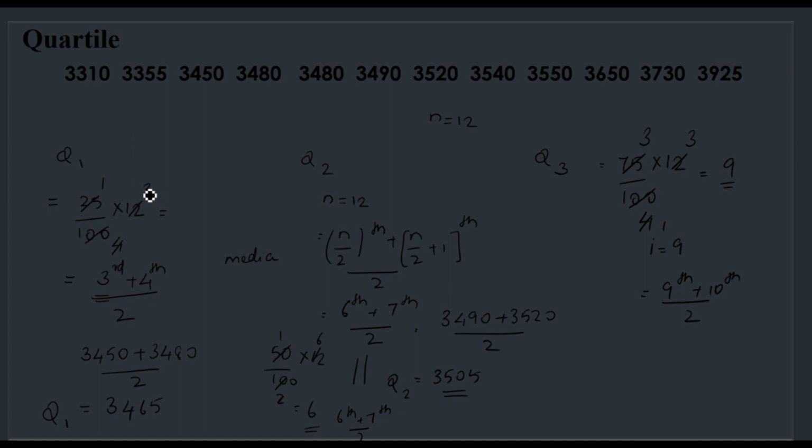Which one is the 9th value? 1, 2, 3, 4, 5, 6, 7, 8, 9. This is the 9th value and this is the 10th value. 3550 plus 3650 divided by 2. Our Q3 is 3600. So we have got Q1, Q2 and Q3.